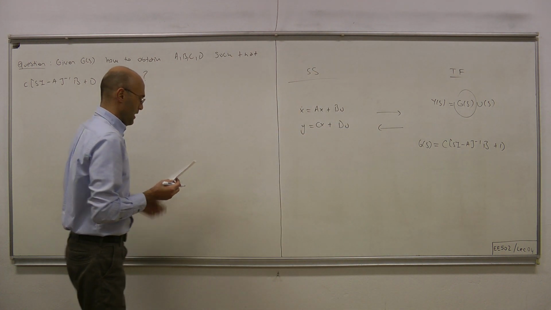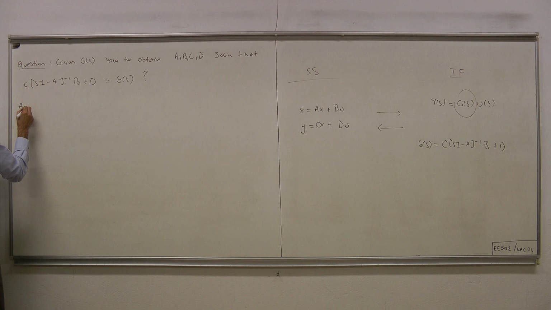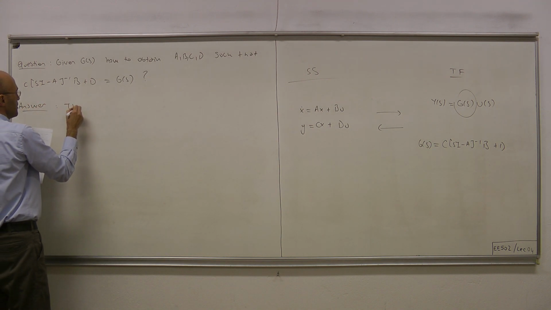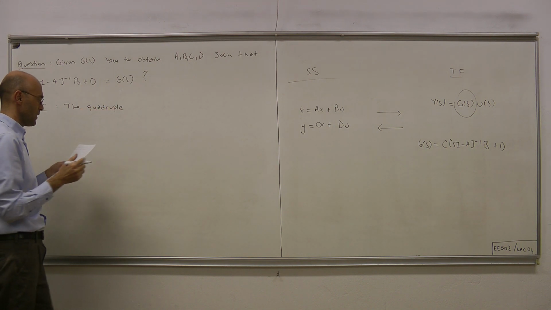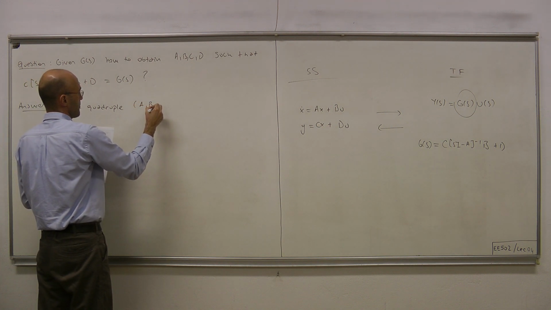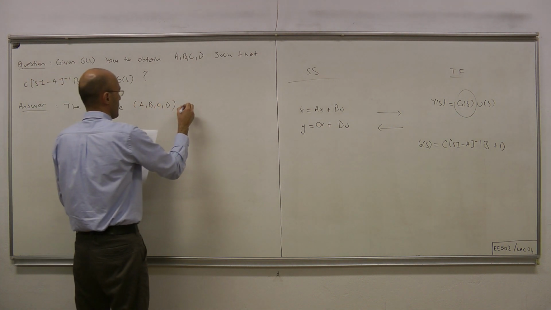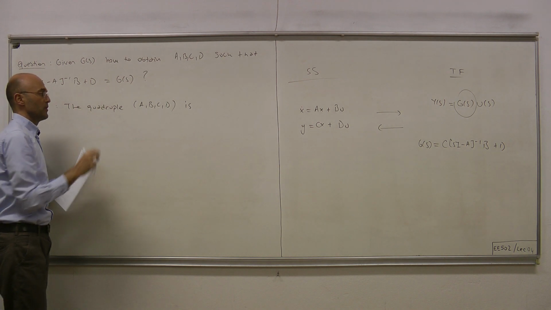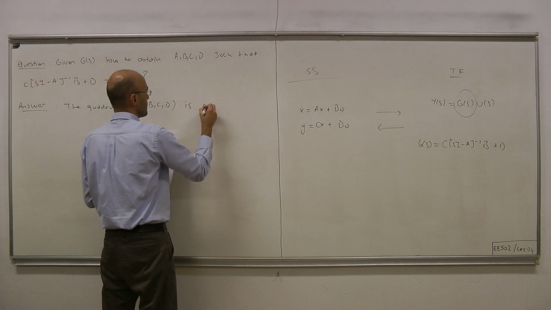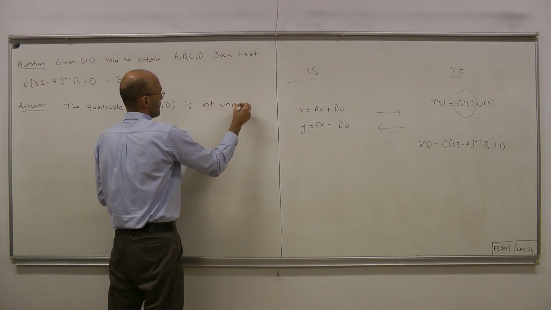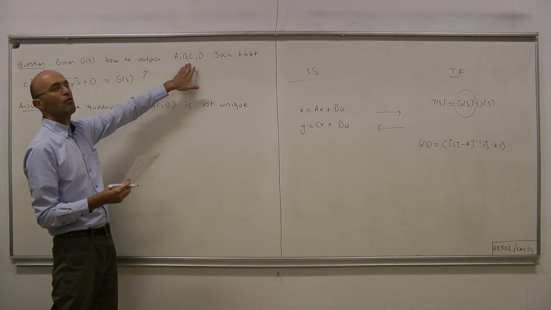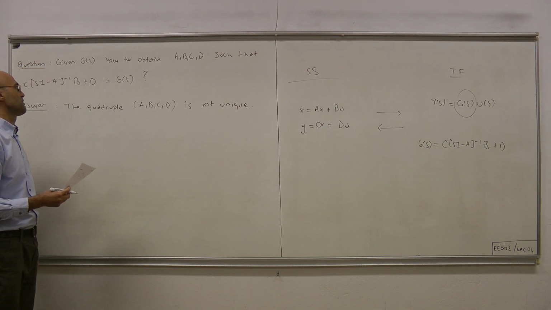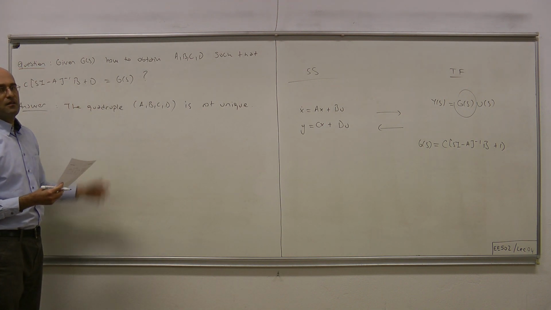Okay. Now, this is the nature of the answer. The quadruple A, B, C, D, which yields this equation, is not unique. So there are many different possibilities for those four matrices such that all satisfy this equation.